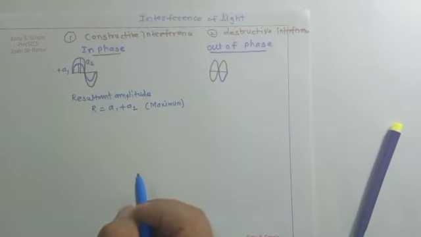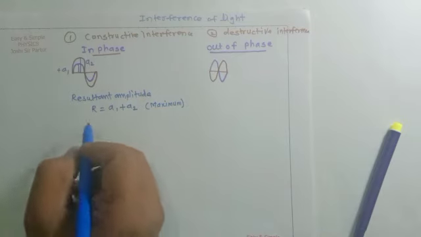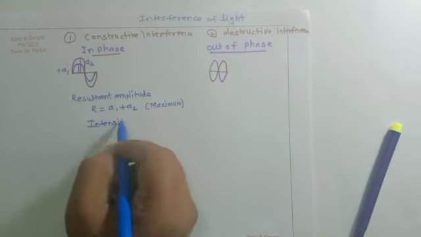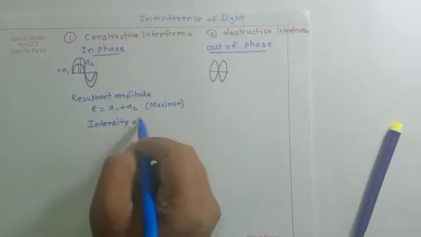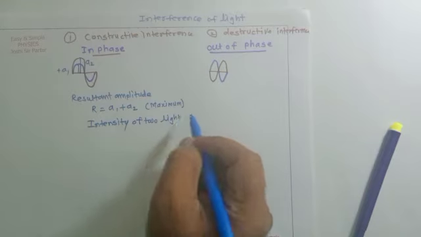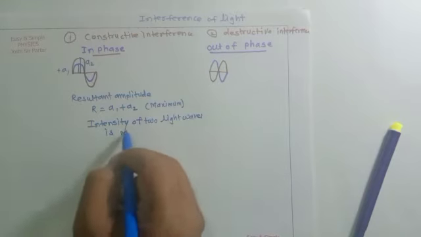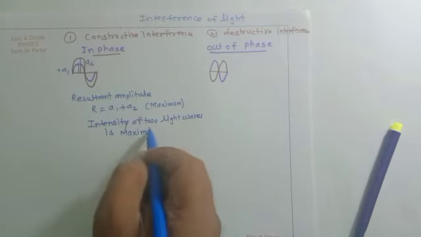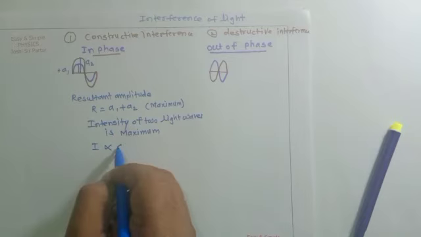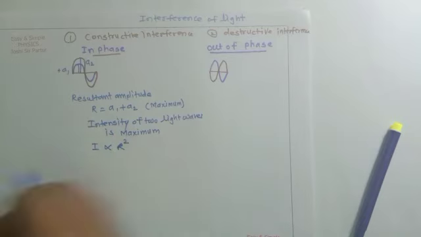Using law of Malus, intensity is also maximum. This intensity is directly proportional to square of resultant amplitude.